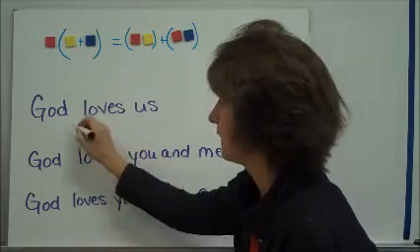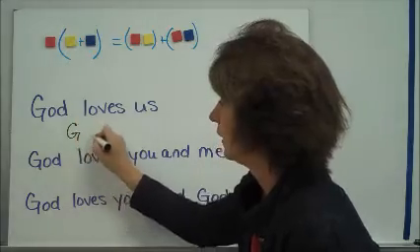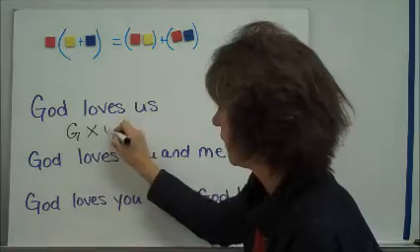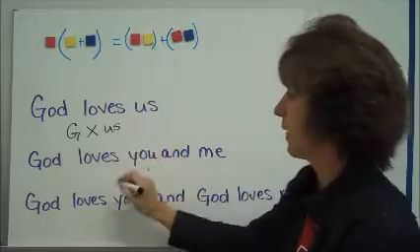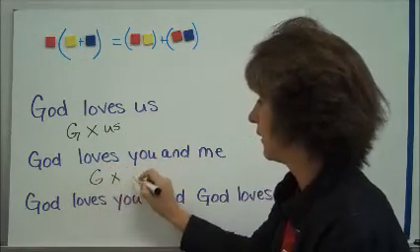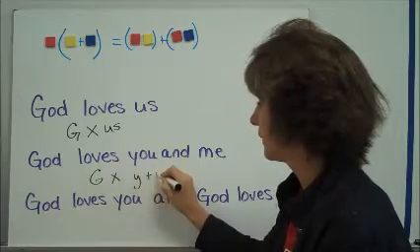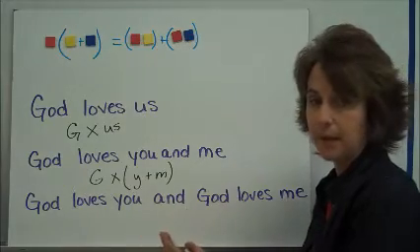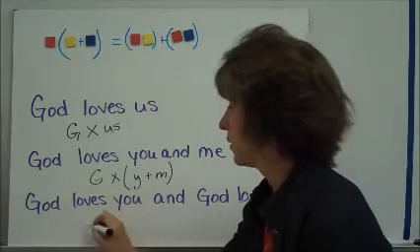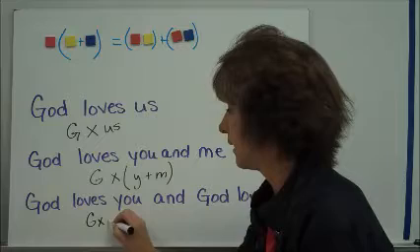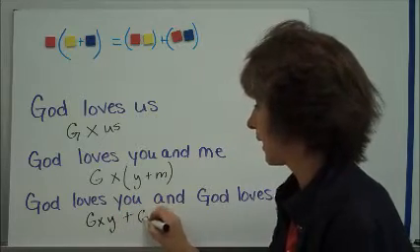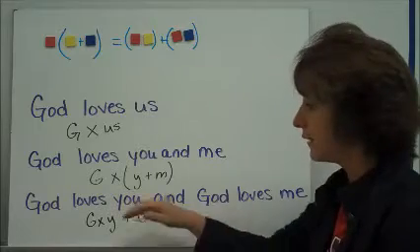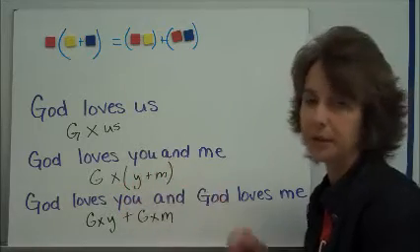So we may say, God loves, multiplication is loves, us. Well, who is us? God loves you plus me. And here we are inside the world receiving God's love. It doesn't change whether you say God loves you and God loves me. God's love is distributed to every single person inside the world.